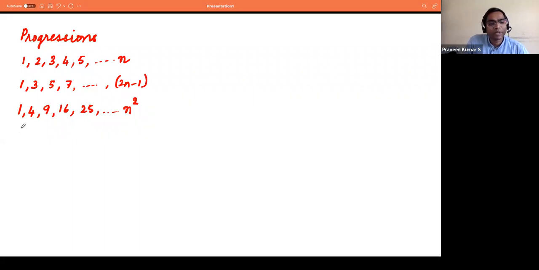So similarly, you can think of all types of scenarios. Maybe you can look at this: 2, 9, 28, 65, and so on. What do you expect the next number to be? Can you see that this follows the pattern n cube plus 1?